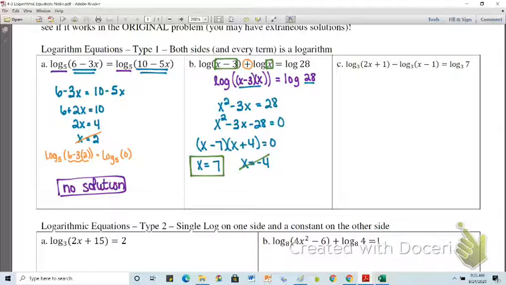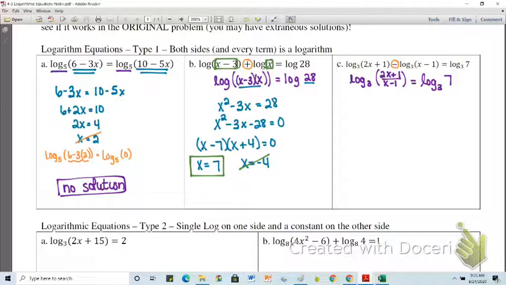On to C. Again, I must combine down into one log. So minus really means divide. So I have log base 3 of 2x plus 1 over x minus 1 equals log base 3 of 7.